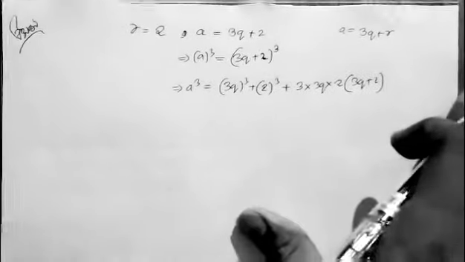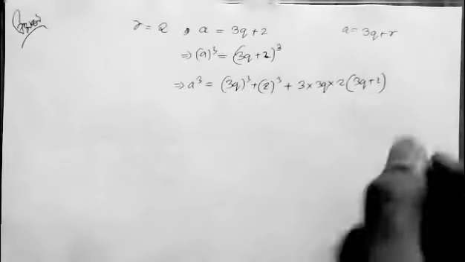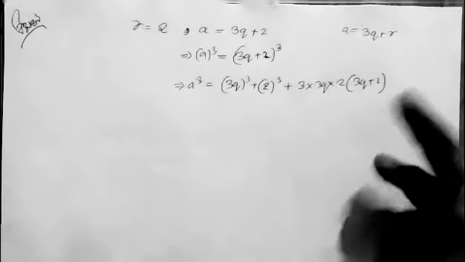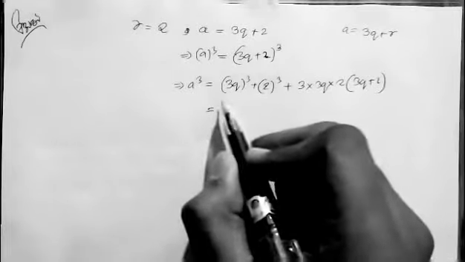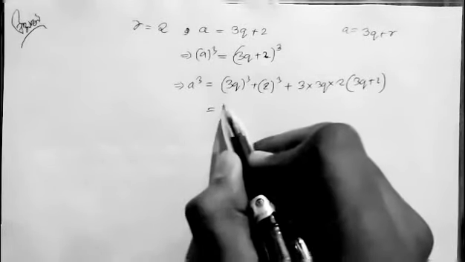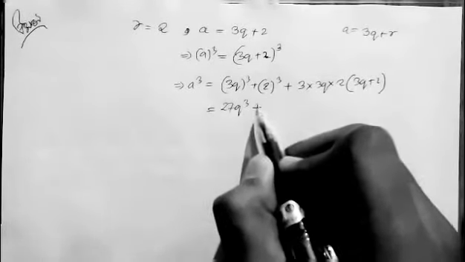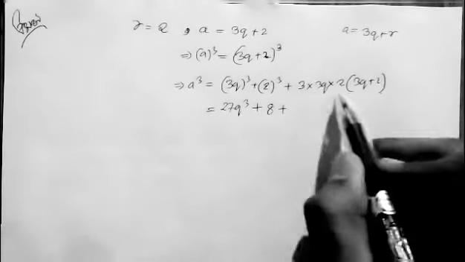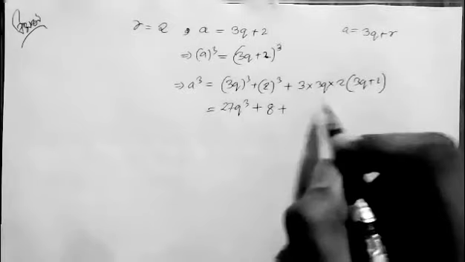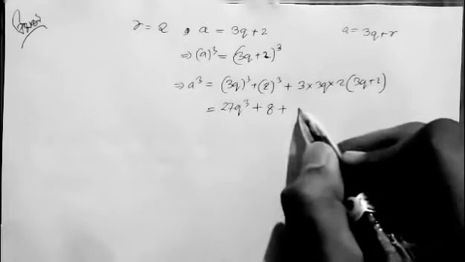By using the a plus b whole cube formula, we have written this expression, and we just need to simplify it more so that we can get the required result. So 3 cube is 27q cube, plus 2 cube is 8, plus again 3 into 3 is 9, and 9 into 2 is 18.